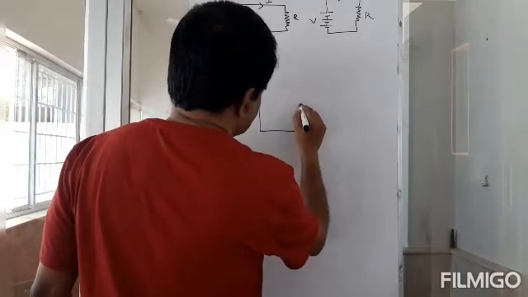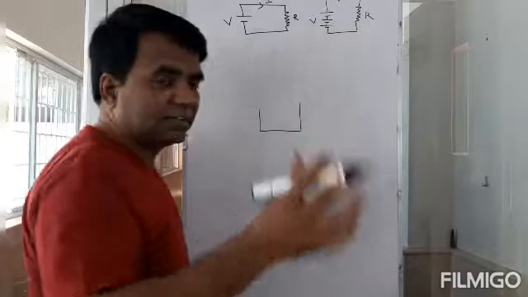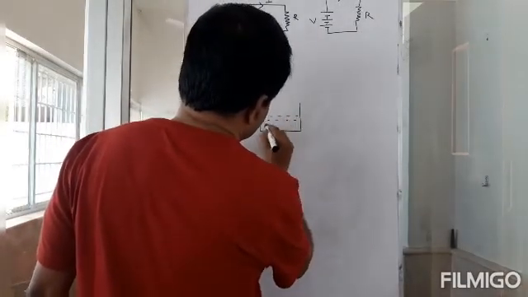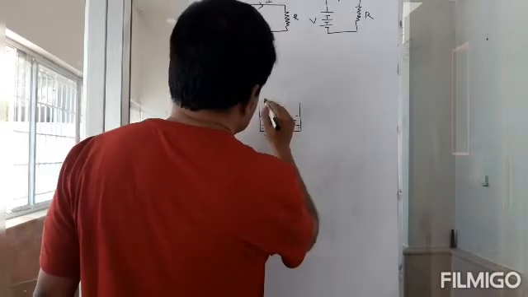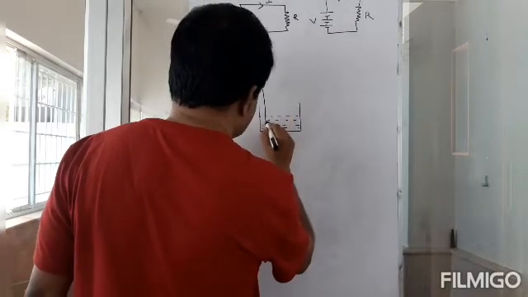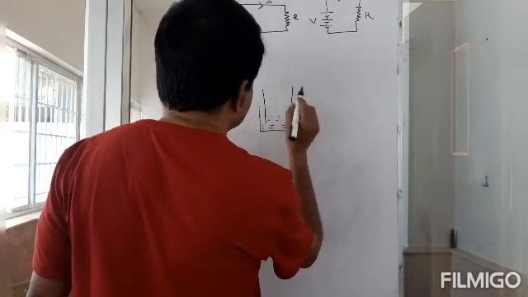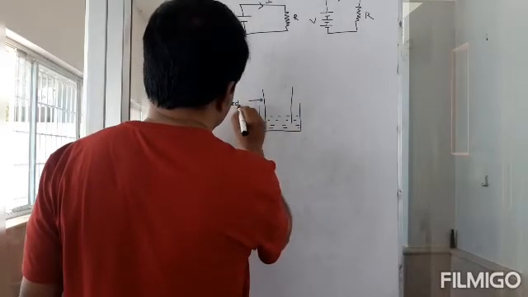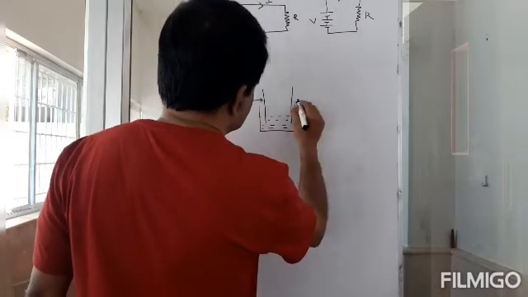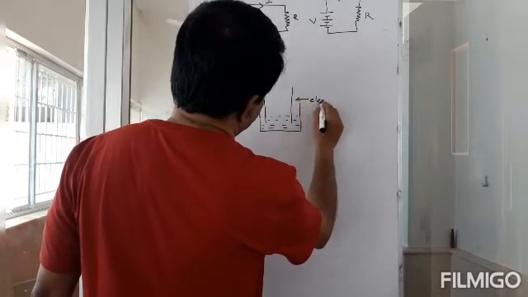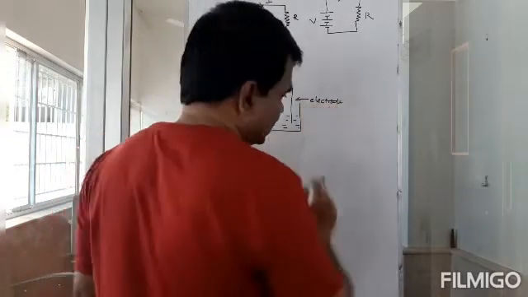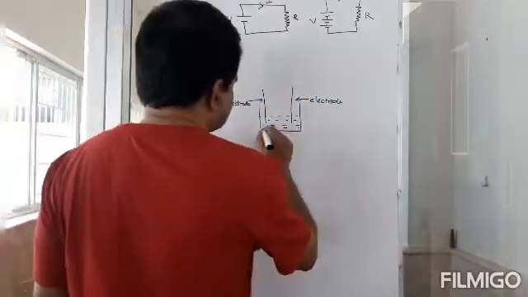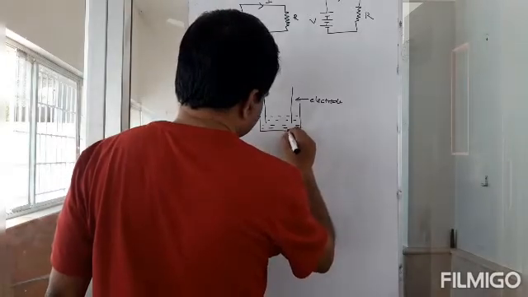Let's say I draw a container, and then you have the electrolyte here, and then you have two electrodes. This is an electrode, and this is also an electrode. These are metal plates, and this is the electrolyte.